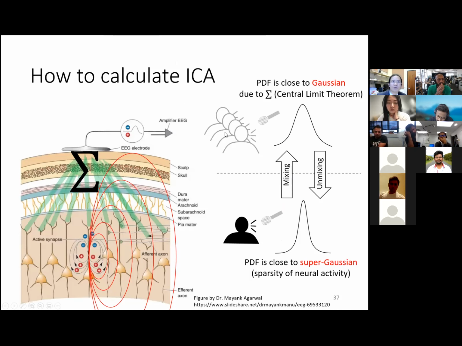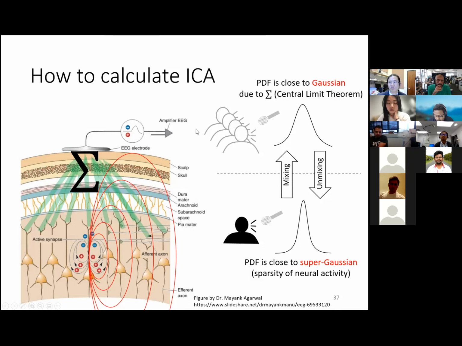So I'm not going to talk about the technical detail of the ICA here very much, but simply put, ICA is also known as blind source separation, and this blind source separation takes advantage of the central limit theorem. The central limit theorem simply means when signals are mixed, their probability density function gets fatter, which means the Gaussianity increases. So they approach more Gaussian when things are mixed.